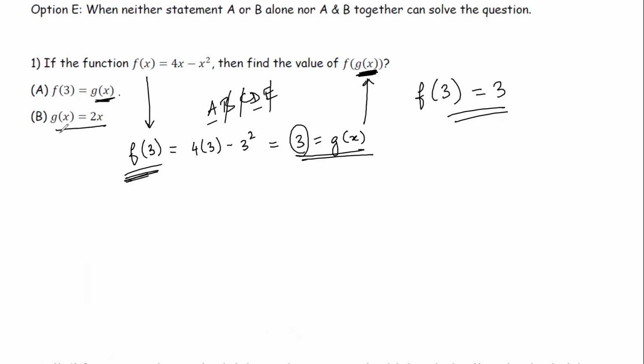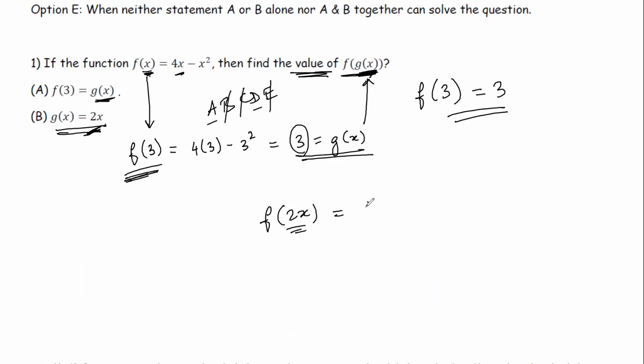Second one, g of x is 2 of x. We want to find the value of f of g of x, right? If we replace g of x with 2 of x, and everything out here with x, we replace with 2 of x.